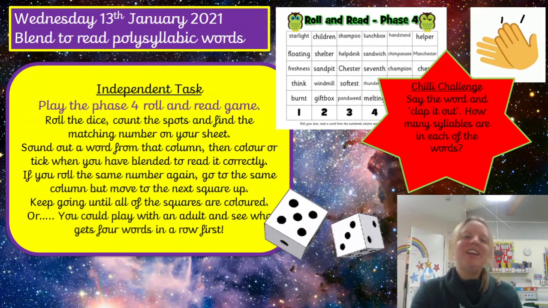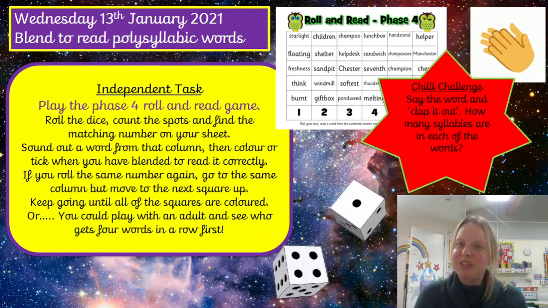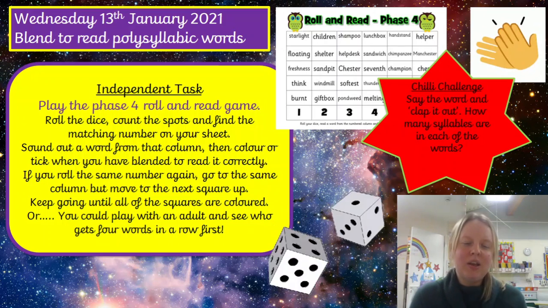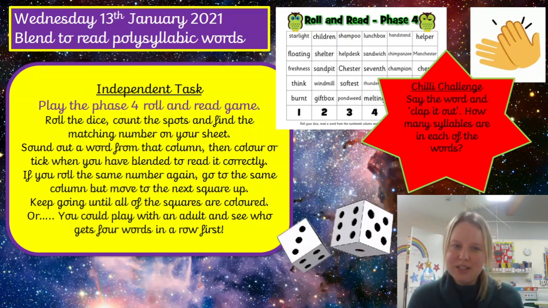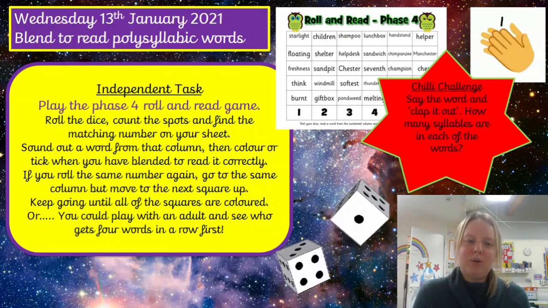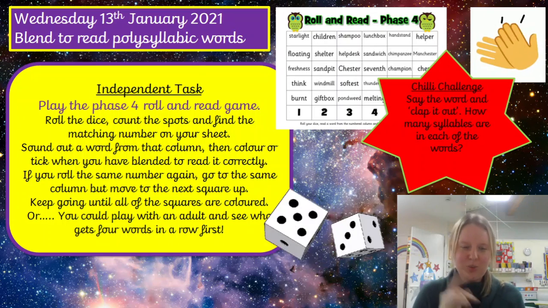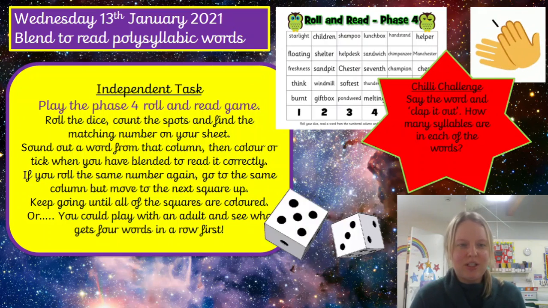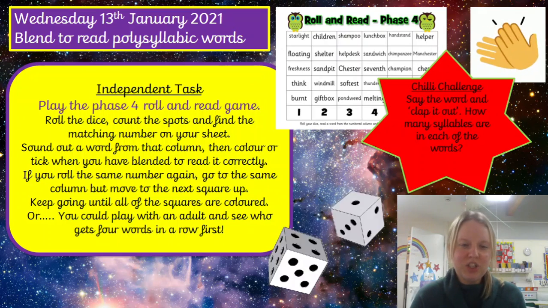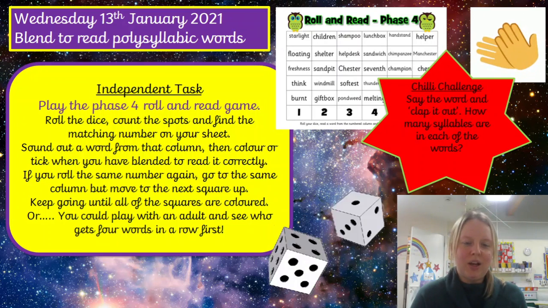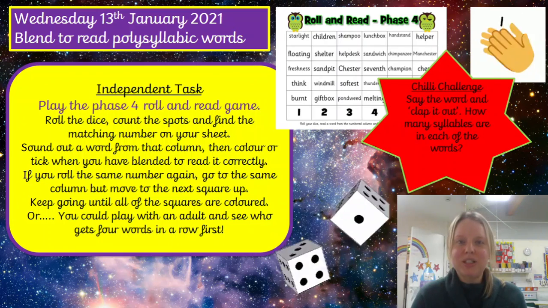Okay, so you have a game to play for phonics today, which will be lovely. So your game is the phase 4 roll and read game. What you need is some dice, just 1 dice. You're going to roll your dice, count the spots on your dice and find the matching number on your sheet. Then you're going to sound out a word from that column and then colour or tick it when you have blended to read it correctly.